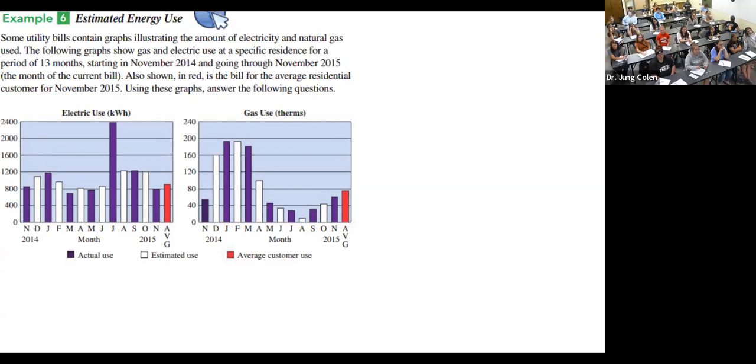The last one is the average, colored differently. Okay, so you can see that the dark color is actual use, so they don't come and measure the actual value every month, but they come every other month to measure the actual value, and they estimate the other month.